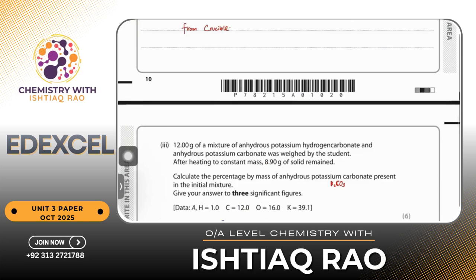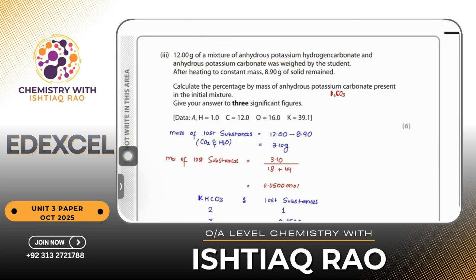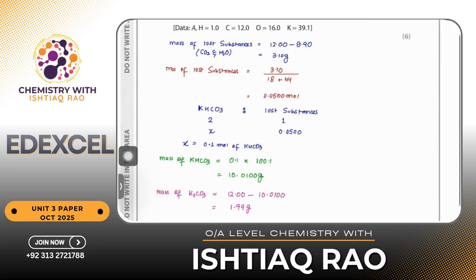That was the total mass of anhydrous potassium hydrogen carbonate, that is KHCO3. That's the total mass when it is decomposed. So we got K2CO3 and then carbon dioxide and then water. After getting the mass of KHCO3, I have to find out the mass of K2CO3.